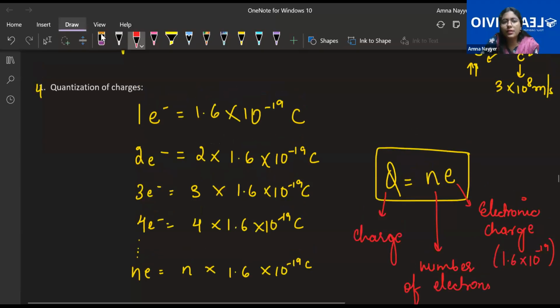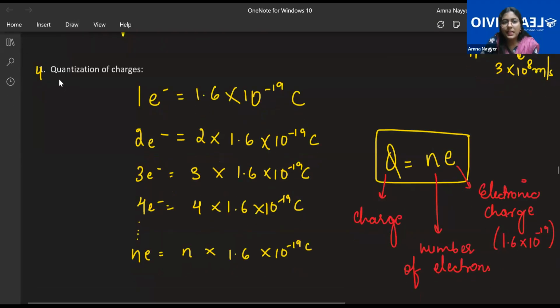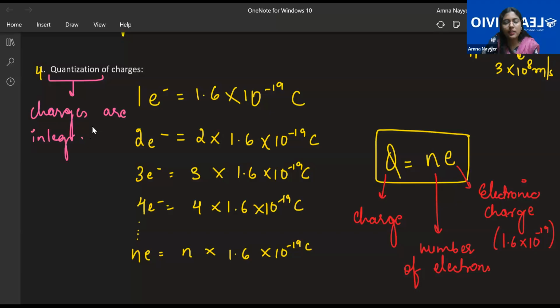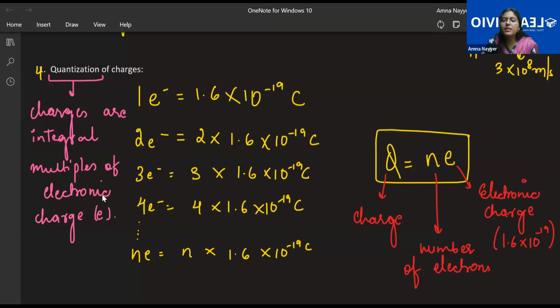What is quantization of charge exactly? See, quantization basically means that charges are integral multiples of electronic charge, which is this E. What is meant by this?